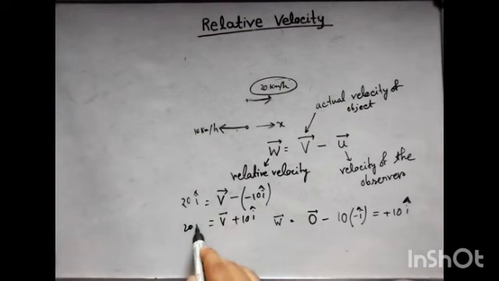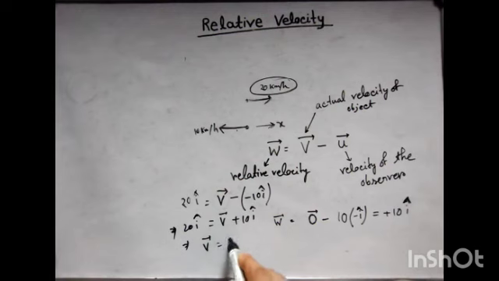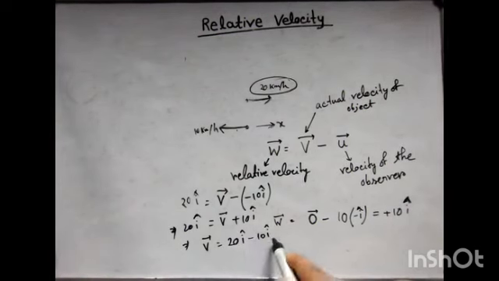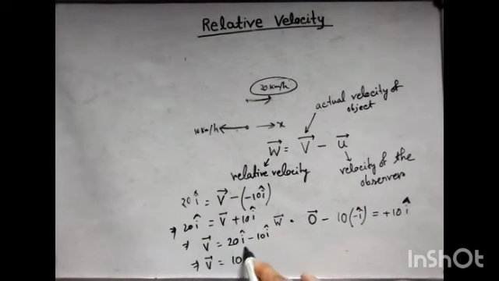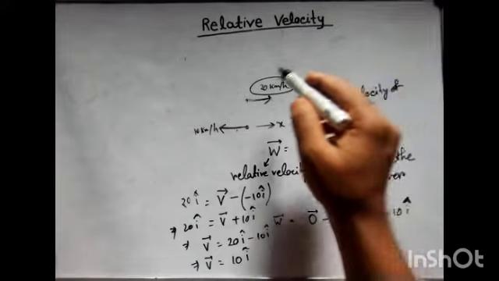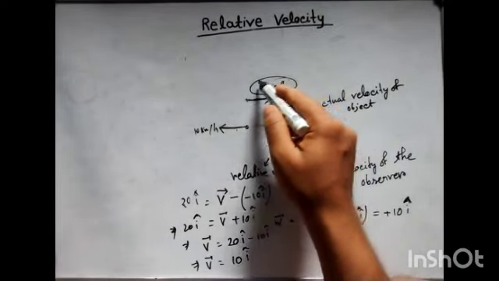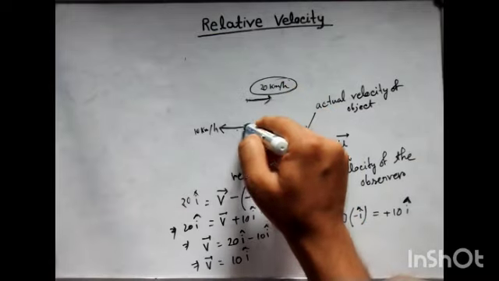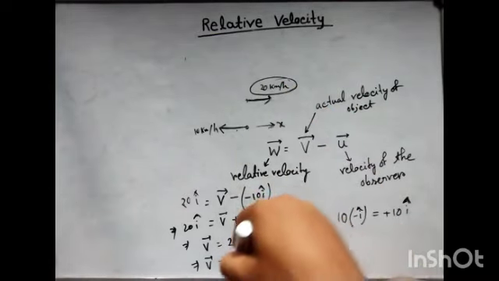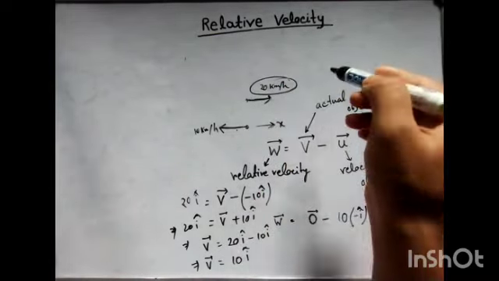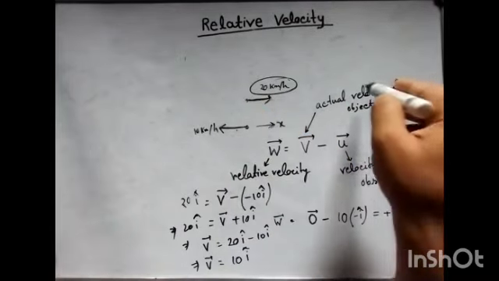So that means v vector will be 20 i cap minus 10 i cap, that is 10 i cap. So the actual velocity of this train will be 10 kilometer per hour. This velocity is the relative velocity that this observer is seeing, and the actual velocity will be 10 kilometer per hour eastwards.